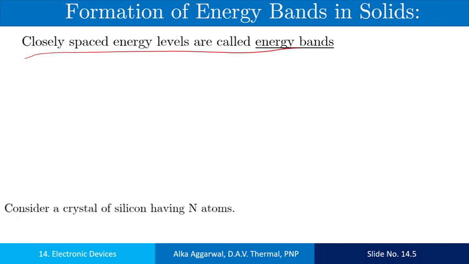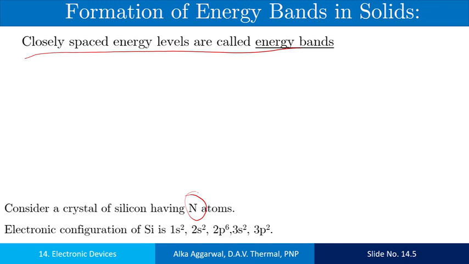In order to understand the modification of the energy levels, consider a crystal made up of silicon atoms, the crystal containing N atoms. As you know, the electronic configuration of silicon is 1s2, 2s2, 2p6, 3s2, 3p2.